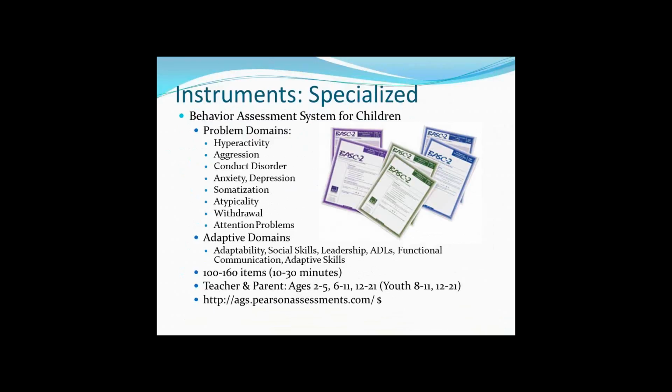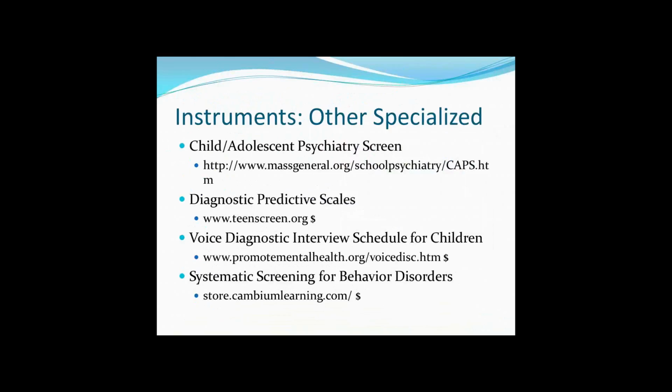So a teacher and parent can do ages 2 to 5, 6 to 11, 12 to 21, and youth can self-report on this screening from either the 8 to 11 or the 12 to 21 version. Pearson puts this out. Pearson specializes in creating, distributing, and selling assessment and screening tools. So again, this is available online, but it does cost to administer.